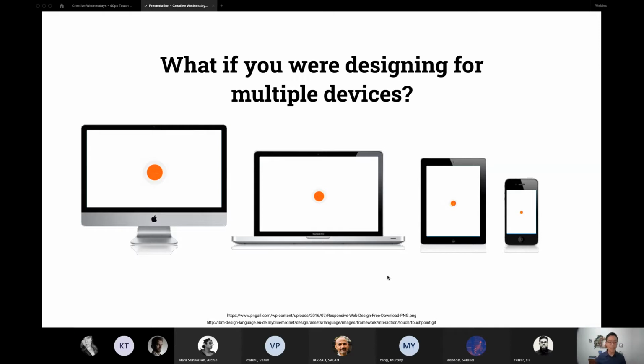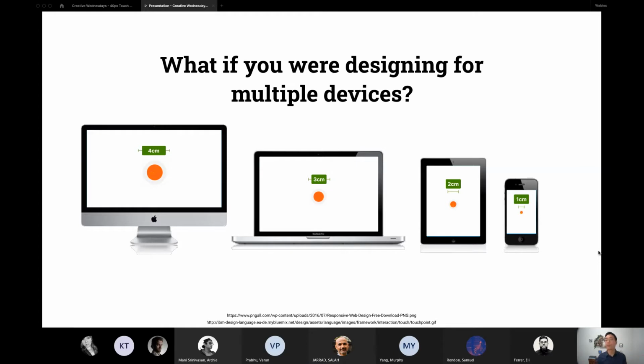And what's interesting is that designers, you'll run into this all the time: if you design a square that's 40 by 40 pixels for a smartphone size screen, and then you mirror that same design onto an iPad or a larger device like a MacBook or a monitor, you'll notice that the physical sizes change, even though the pixels have not. Meaning, again, this orange dot could be 40 pixels on each of these screens, but in the physical world, it will be larger or smaller depending on which device you're using.